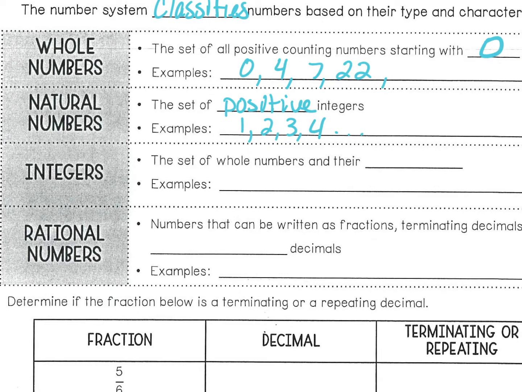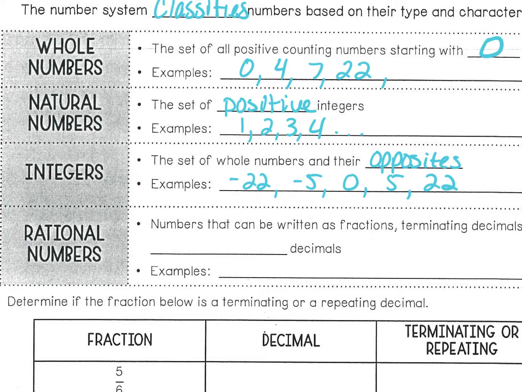Integers, however, are a set of whole numbers and their opposites. And this usually looks like what you see on a number line. I'll have one at the front of my classroom. So let's say we have negative 22, negative 5, 0, 5, and 22. So it's the negatives and the positives that go with that.